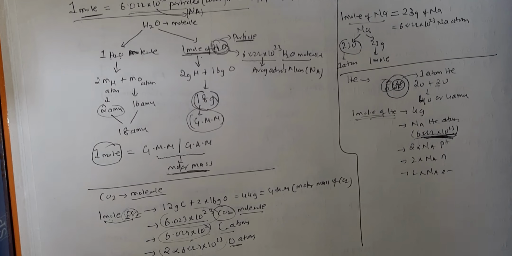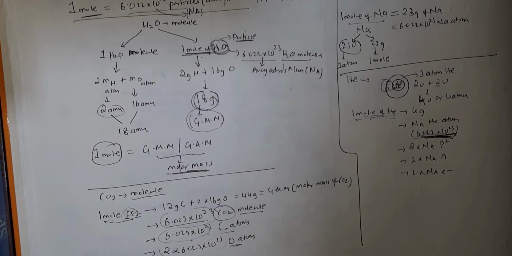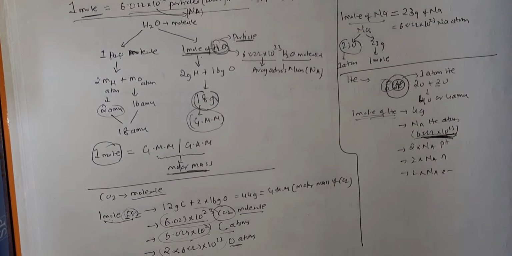Later on, a scientist in 1909 named Perrin found out the exact value of Avogadro number, 6.022 into 10 raised to 23, and a more accurate value was found in 1933 by a scientist named Virgo, with the help of the X-ray diffraction method.